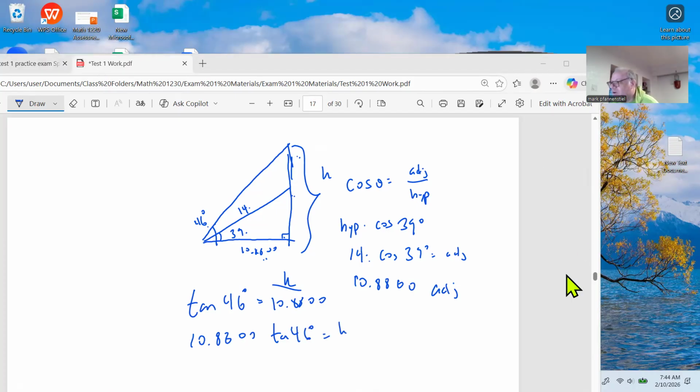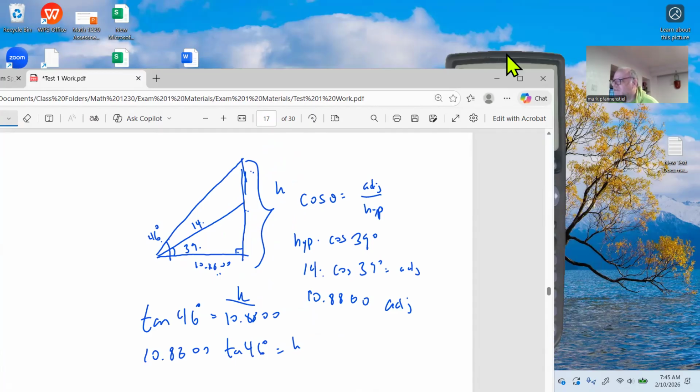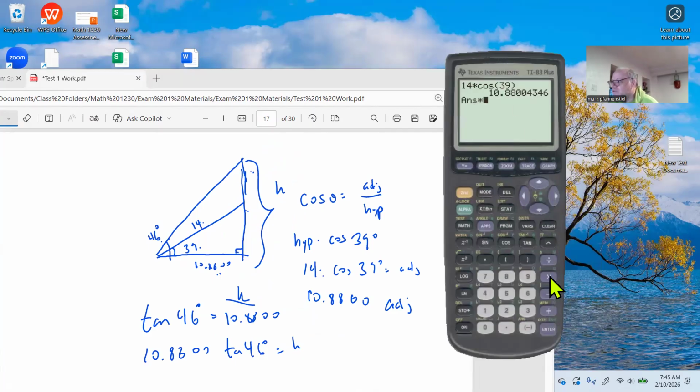Let's bring back up the calculator. We're just going to leave the 10.88 sitting in there, times tangent of 46 degrees. I'm still in degree mode, so we're okay. That's my height, and we end up with 11.2666.